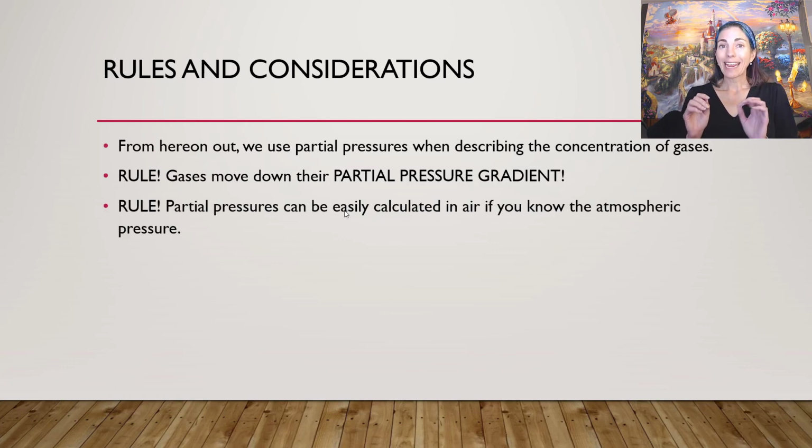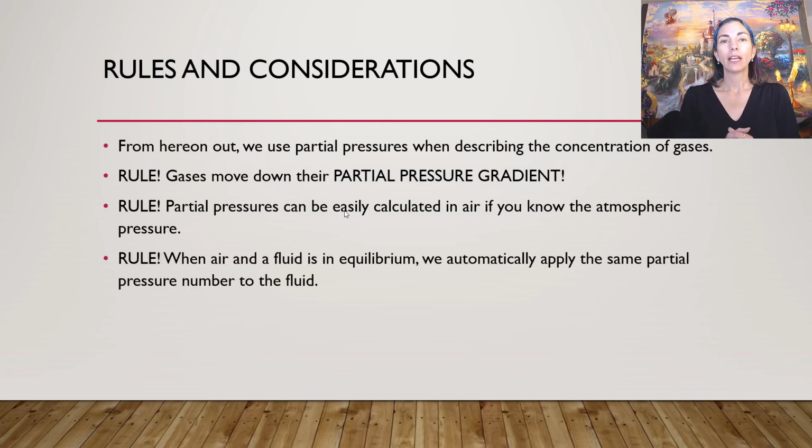Partial pressures can be easily calculated in air if you know the atmospheric pressure. And if you're in my class, I would always give you the atmospheric pressure. You will have to memorize that oxygen is 21% and that CO2 is 0.04%. As a rule, when two systems are in equilibrium, whatever the partial pressure was over here is now equal over here.